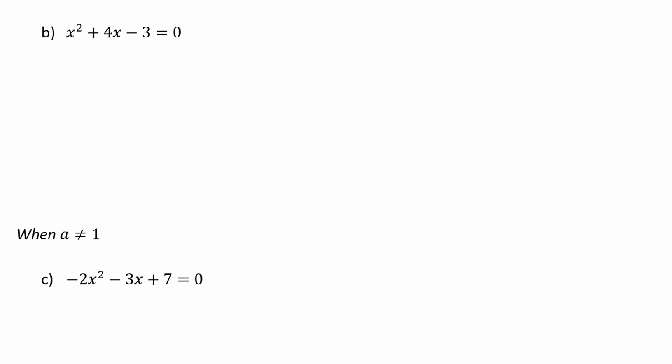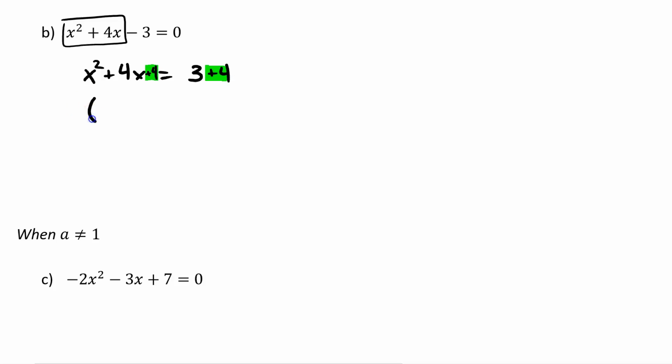What about this one? So what we want to do is isolate these. So x squared plus 4x equals positive 3. What's the thing that we need to add to both sides that will make this left-hand side a perfect square trinomial? Yes, plus 4.